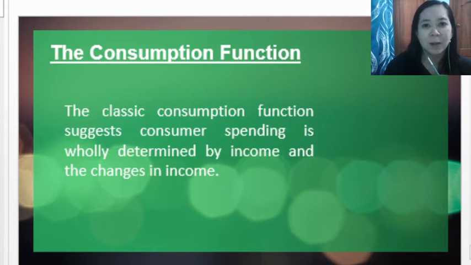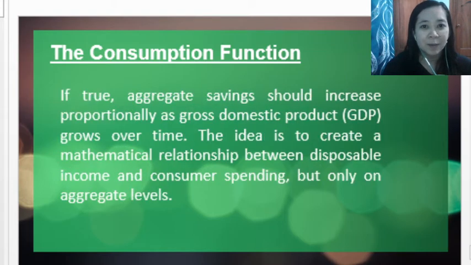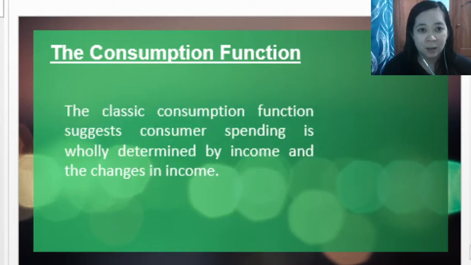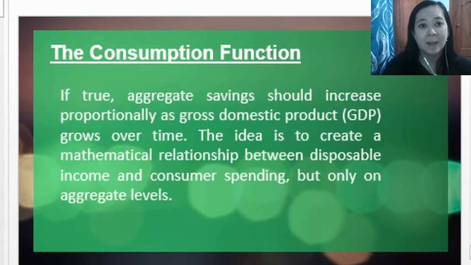In some other cases, there is also consumer spending which is beyond their level of income. If that argument is true, in which consumer spending is wholly determined by income and the changes in income, then the aggregate savings should also increase proportionally as the gross domestic product, or GDP.